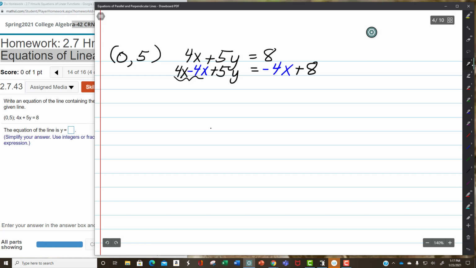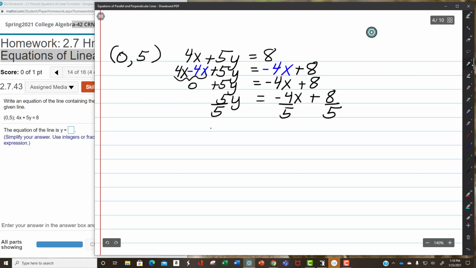All right, this is 0 plus 5y. Don't ask me why I'm going back and doing this in a, I don't know, more basic way. I just kind of felt like it. 5y equals -4x plus 8, divide by 5, divide by 5, and divide by 5.